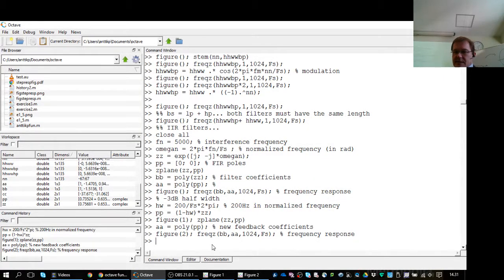Next, let's find out how to design other IIR filters. So-called classic IIR filter designs are Butterworth, Chebyshev, and that's the first type, Chebyshev, and elliptic.